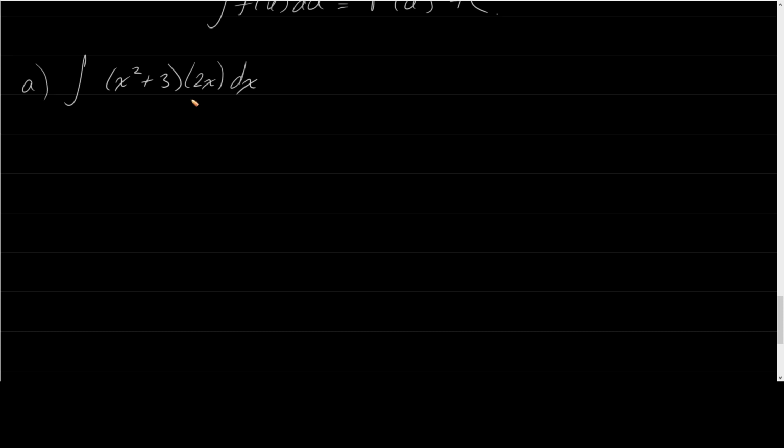So let's see what happens here. I'm going to start by making u be x squared plus 3. Then du would be 2x dx, which would tell me then that dx is really just du over 2x, all right?